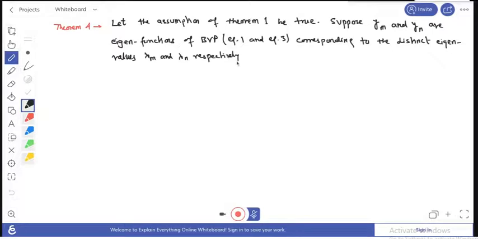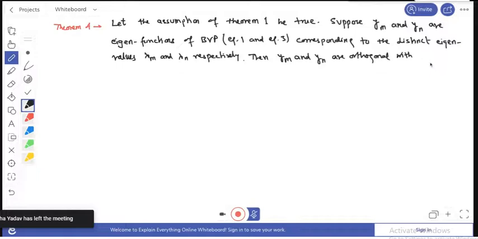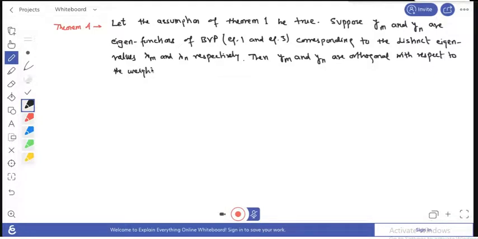If these two are eigenvalues and these are the eigenfunctions, you have to prove that the eigenfunctions ym and yn are orthogonal with respect to the weight function, that is, r(x). Here the proof is very simple.